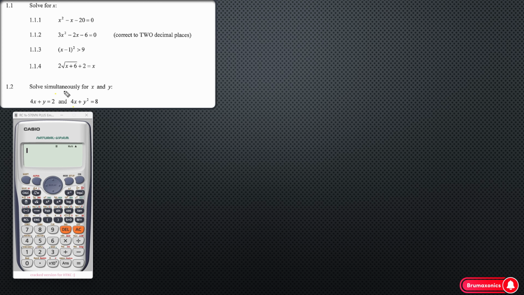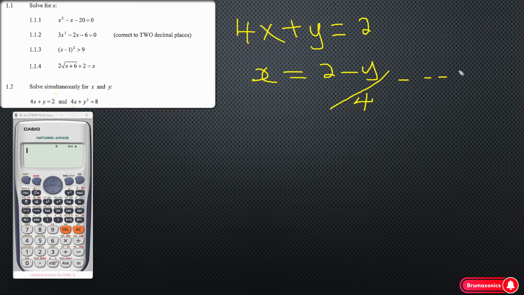So for now, I'm just going to take this one and say 4x + y = 2. If I make x the leader, I can say x = (2 - y)/4, right? I simplified it too much, but nevertheless, this is the case, and I can make this one equation 1.